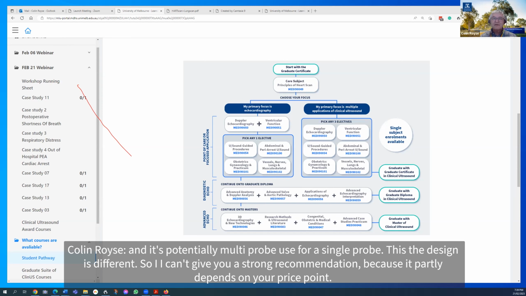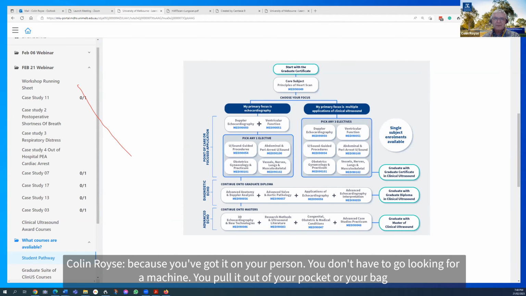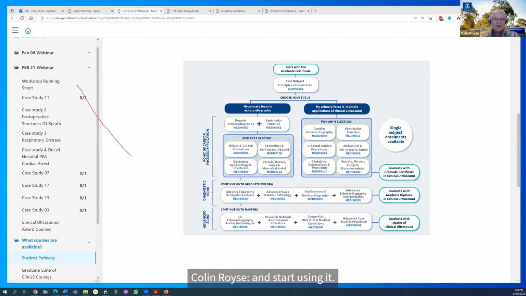The design is different, so I can't give you a strong recommendation because it partly depends on your price point and also what your key focus is going to be. But any of those is going to be better than none of those because you've got it on your person. You don't have to go looking for a machine. You pull it out of your pocket or your bag and start using it.